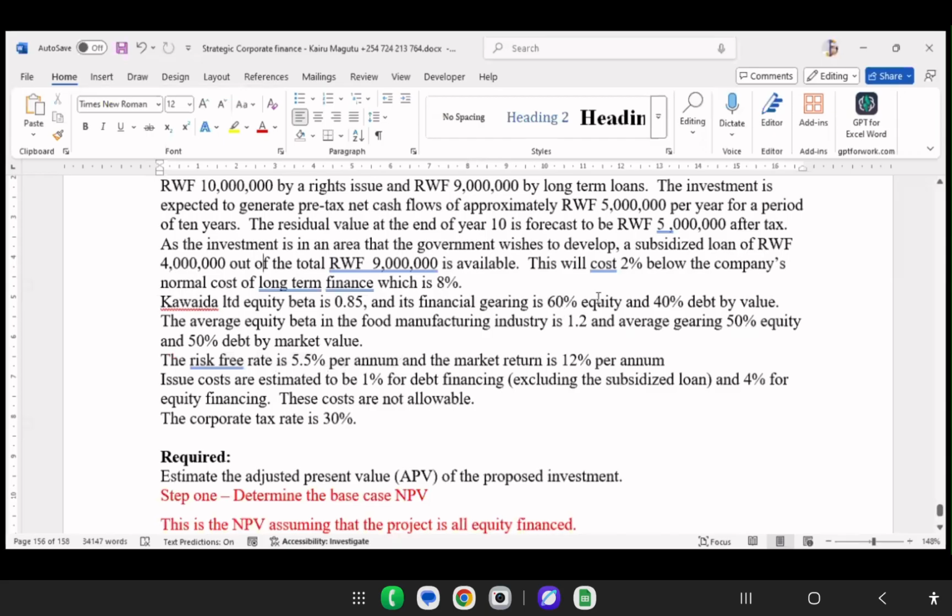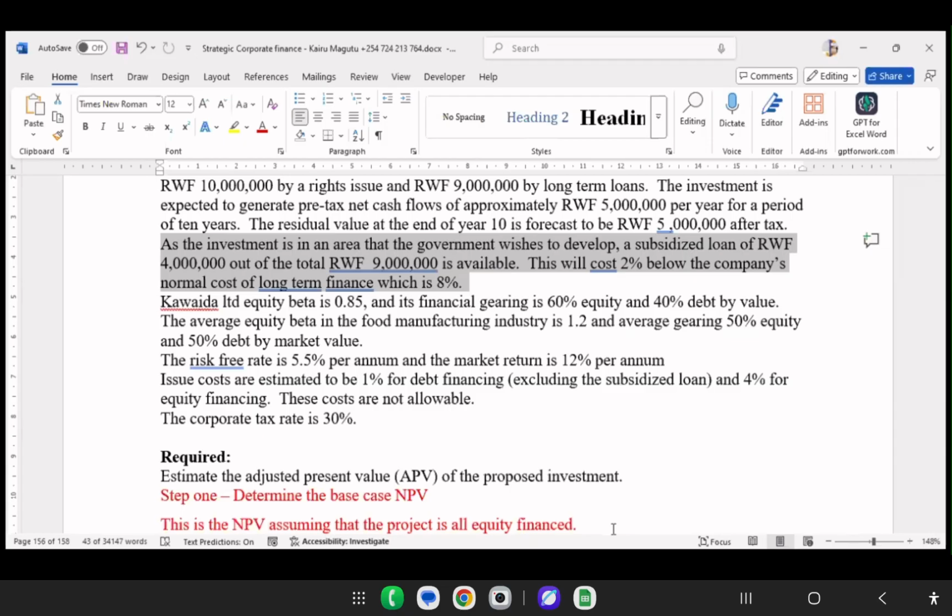The other part is the subsidy we are given here. As the investment is in an area that the government wishes to develop, a subsidized loan of 4 million out of the total 9 million is available.